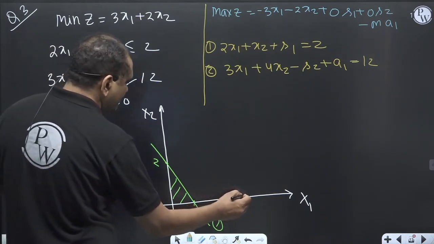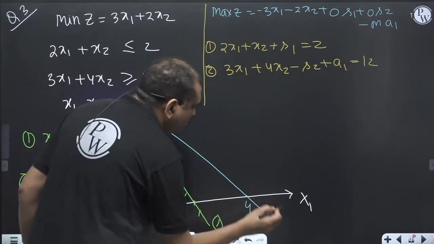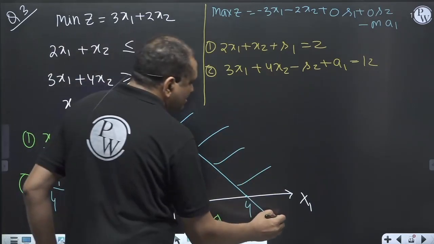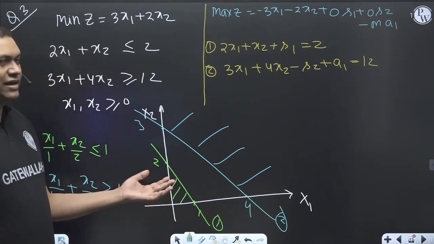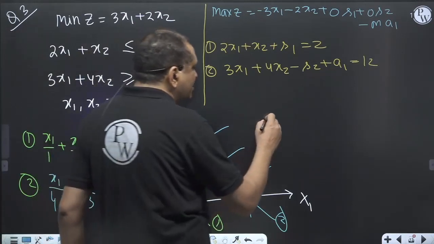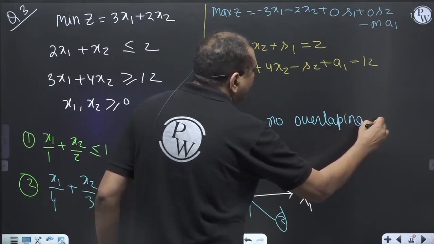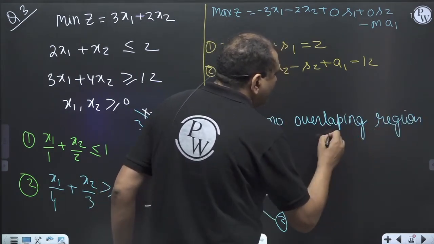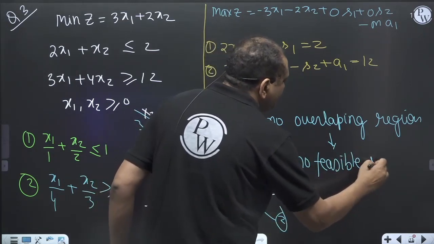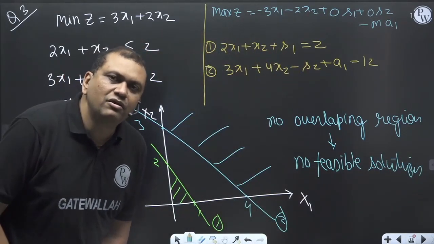So x1 is 4, this is 3. The region is away from the origin. Second constraint, so there is no overlapping region. No overlapping region means no feasible solution. No feasible region or no solution.